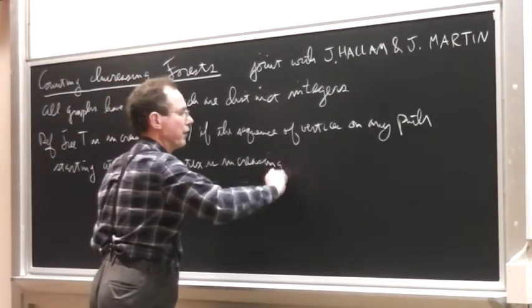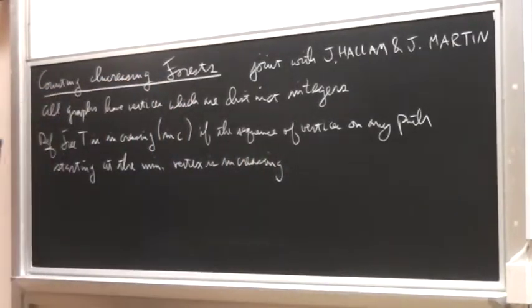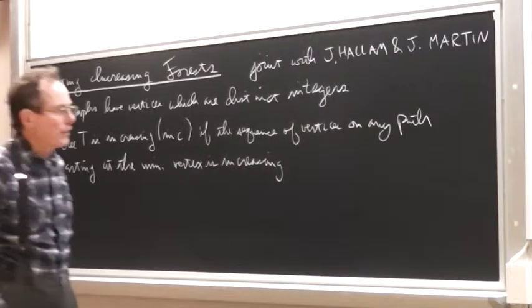Right? Because the vertices are numbers. You can start at the smallest vertex in your tree, move out from it. If you always have an increasing sequence, that's called an increasing tree.